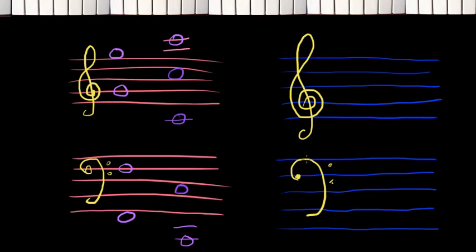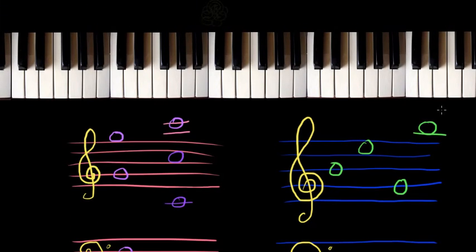So basically, you can read it. So let's say we have that note, and then this note, and then this note, and then this note. Okay. This note is a third above the G line. Here's the G line. This is a third above it.